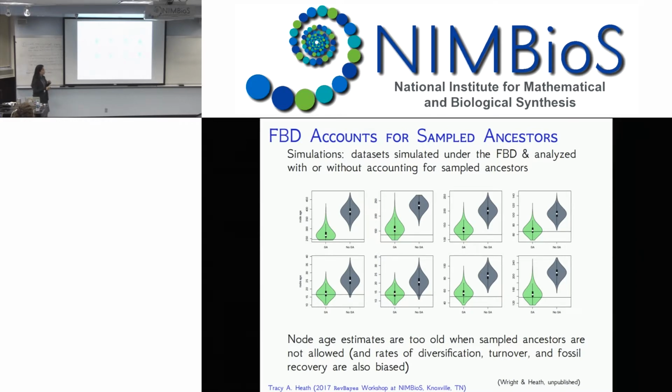In all of these, when we don't allow sampled ancestors but they are present in our sample, we strongly bias our age estimates to much older ages. So ignoring these things can lead to really biased parameter estimates. It can also bias your estimates of diversification and turnover, or speciation and extinction. These are important issues that are pretty critical to consider.